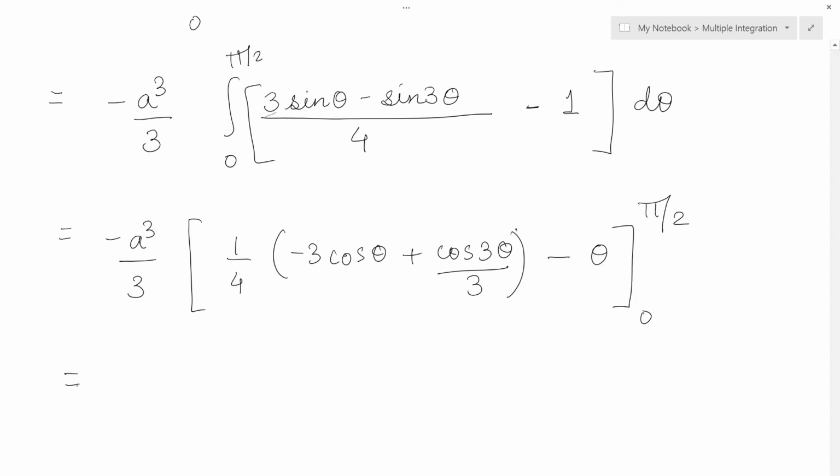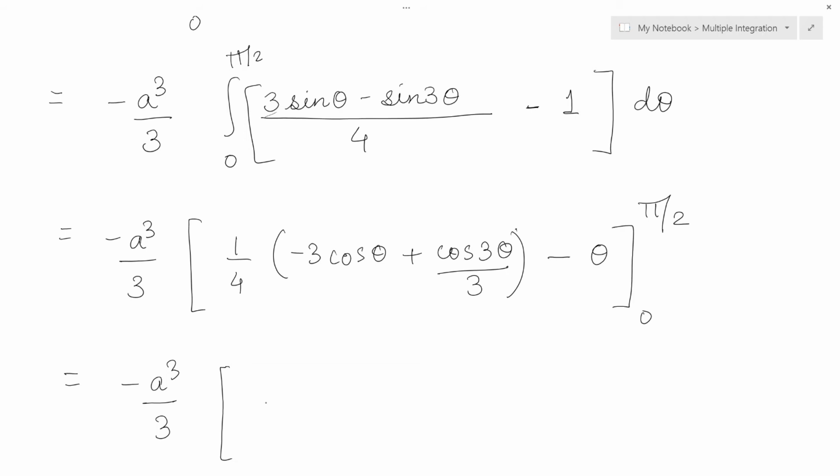If I substitute the limits, I will have minus a cube by 3. So let me substitute the upper limit, that is pi by 2, and then let me substitute the lower limit, which is 0, right?